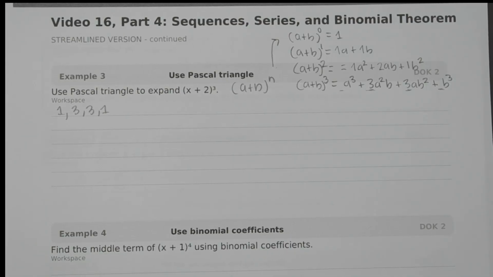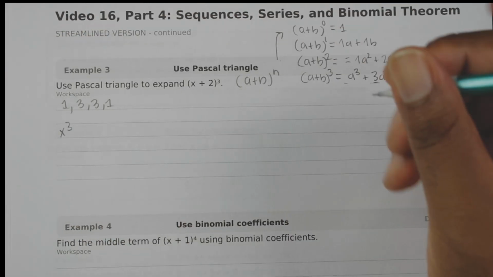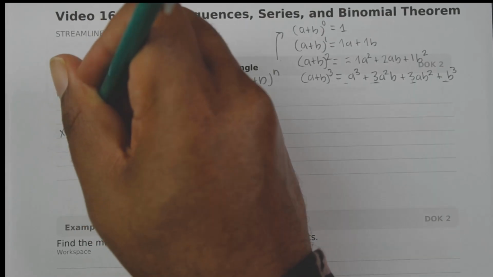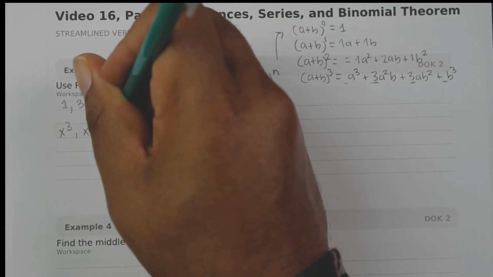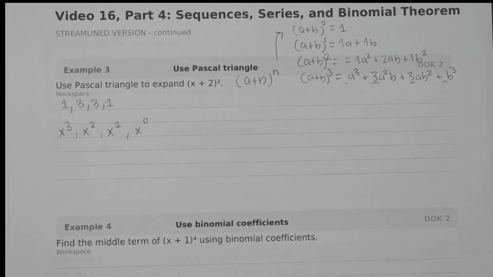Now we need to determine the power of x. So the powers of x begin at 3 and decrease to 0. Essentially that would be x cubed, x squared, x to the power of 1, x to the power of 0. The powers of 2 begin at 0 and increase to 3.